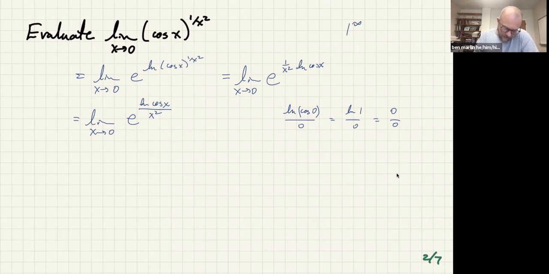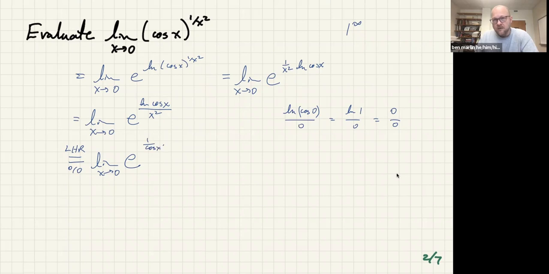Once we found out that it's a 0 over 0, though, we can go ahead and use L'Hopital's rule with the 0 over 0 case. The limit as x is going to 0. We still have the e there, but now we have to take the derivative of the top and the bottom. So the derivative of the top, you've got a logarithm, so you're going to have 1 over the cosine x.